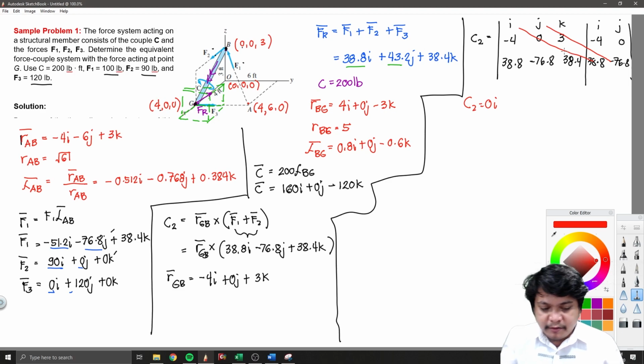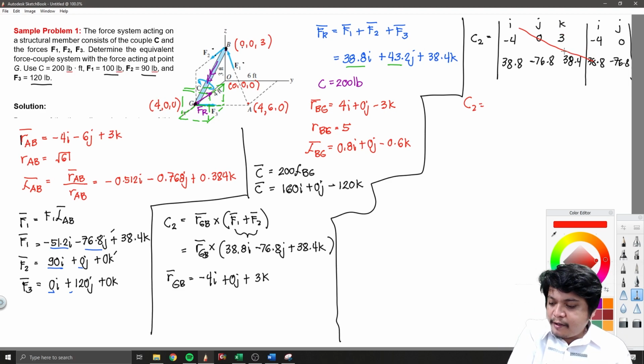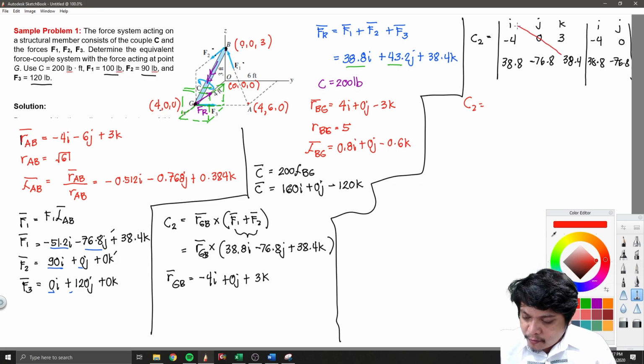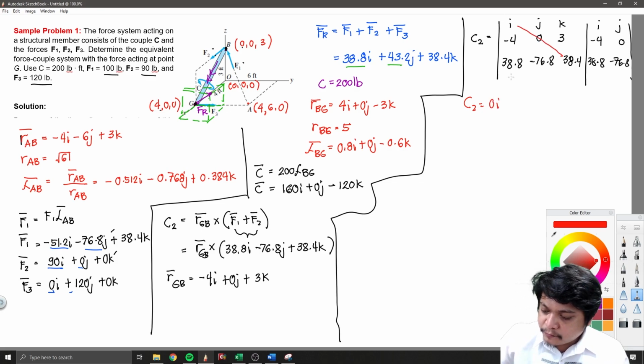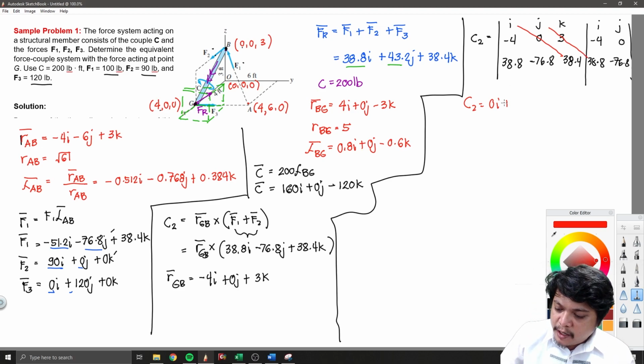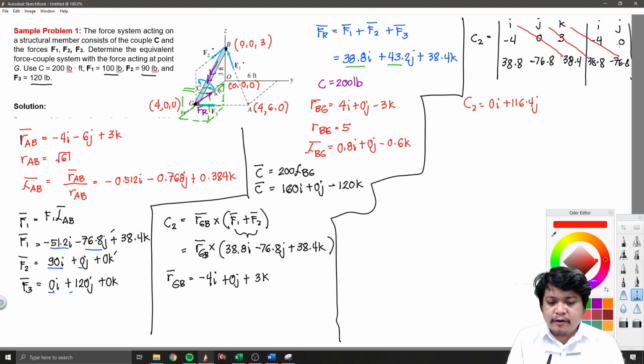Ito muna pala yun. Mali ako ng arrow eh. Ayun. Ito. Okay? So, 0i. And then, this one is 3 times 38.8. So, you have here plus 116 of 4 of j. And then, ayun. So, negative 4 multiplied by negative 76.8.